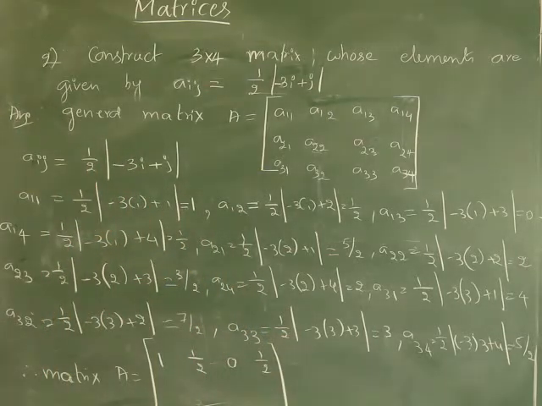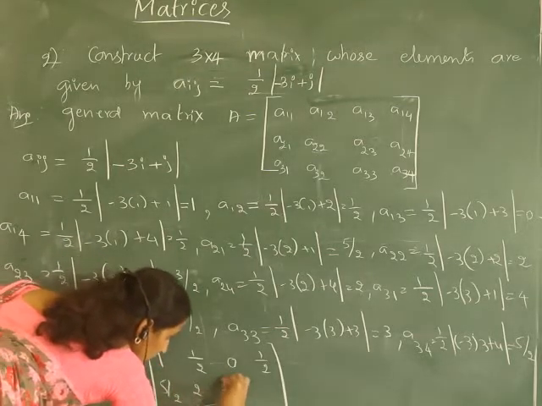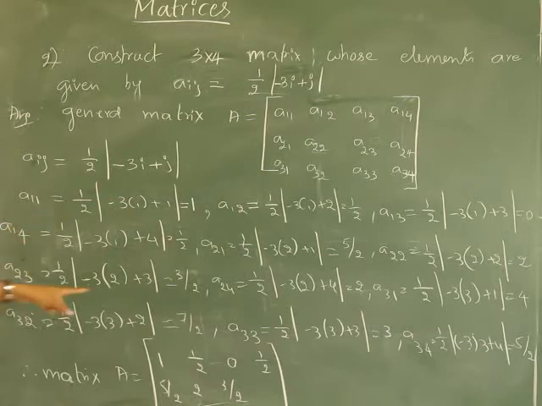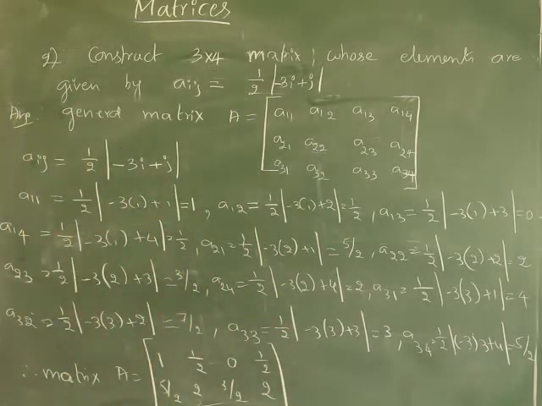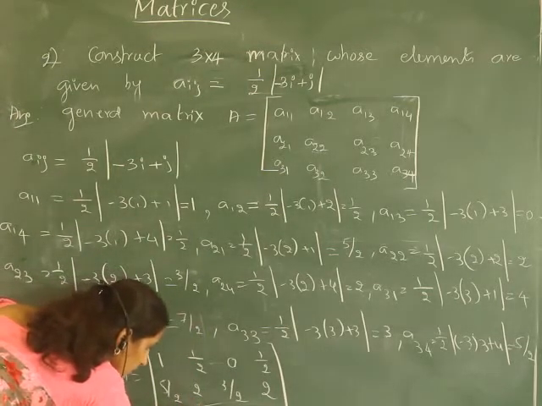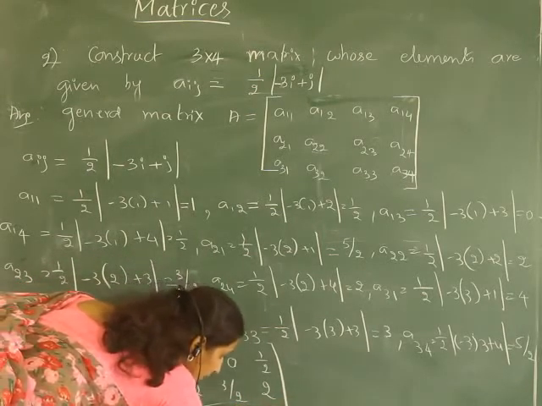After that, A21 will be 5 by 2, 2, 5 by 2, 2, 3 by 2, 3 by 2, 5 by 2, 2, 3 by 2, then again 2, then 4, 7 by 2, 4, 7 by 2, 3, 5 by 2.